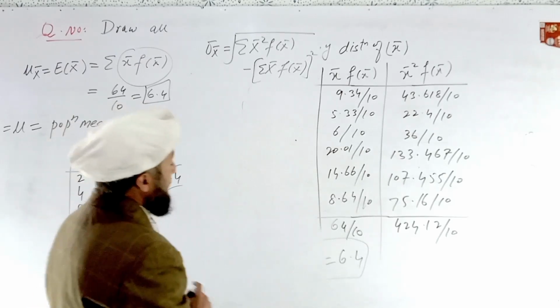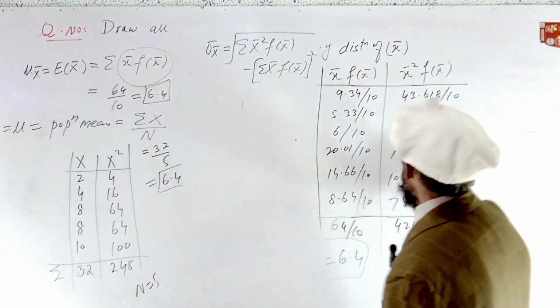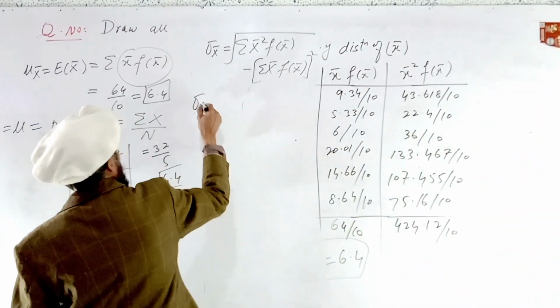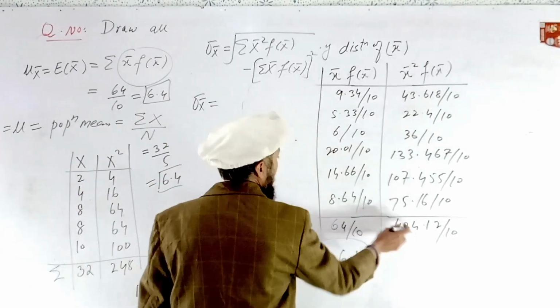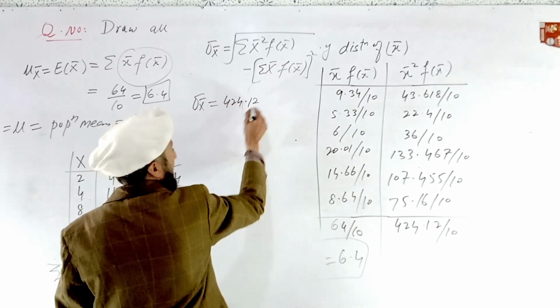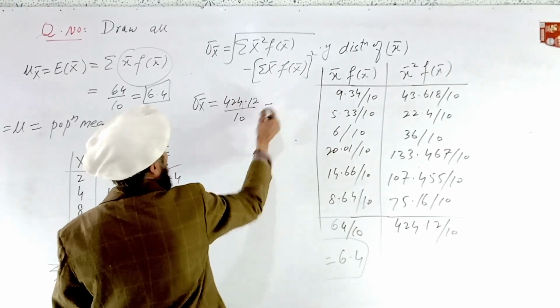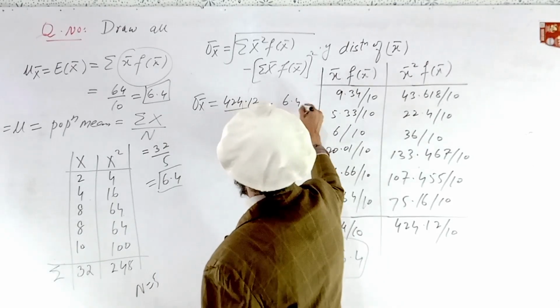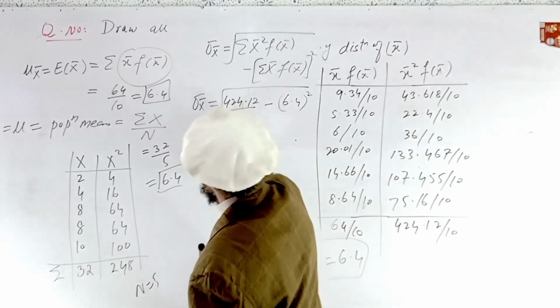So if we substitute the value of summation x square, sigma x bar is equal to the square root of 422.12 divided by 10 minus the mean we have already found in the first step, 6.4 squared.